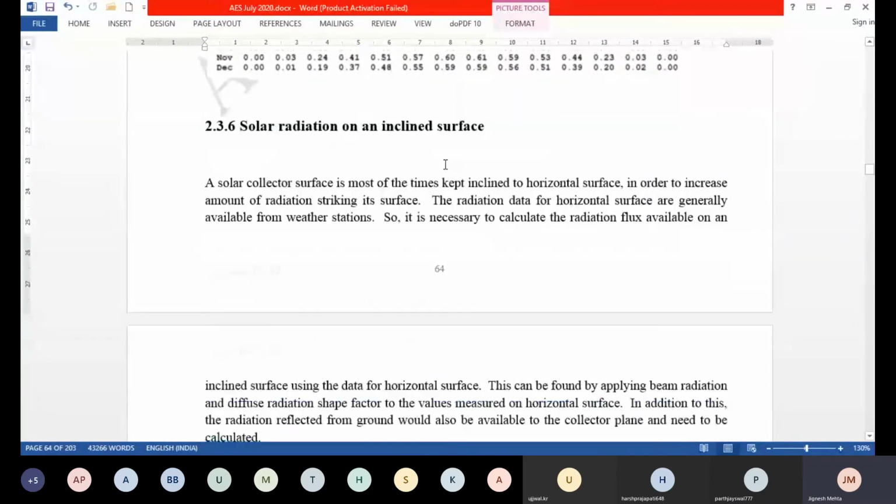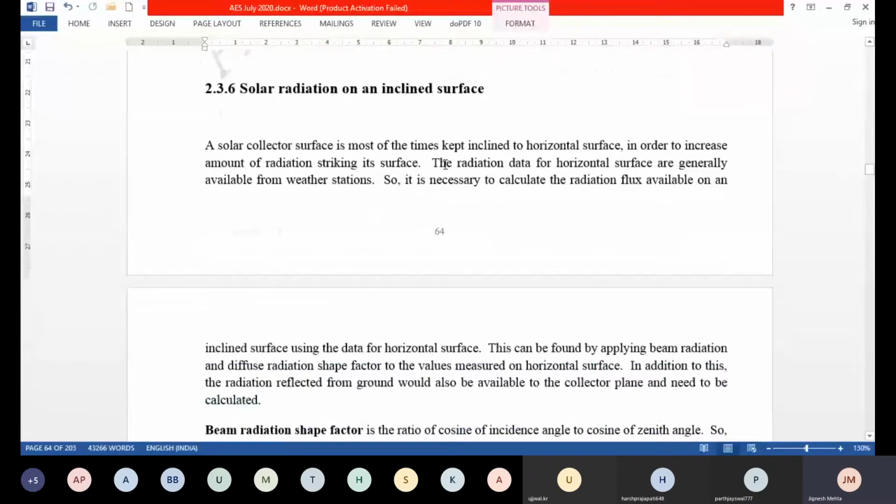So now let us talk about solar radiation on an inclined surface. Now, if you recall, in the previous lecture, a diagram was shown where a pyranometer was put on an inclined surface. If you are measuring the total radiation on an inclined surface using a pyranometer, then this type of calculation is not necessary.